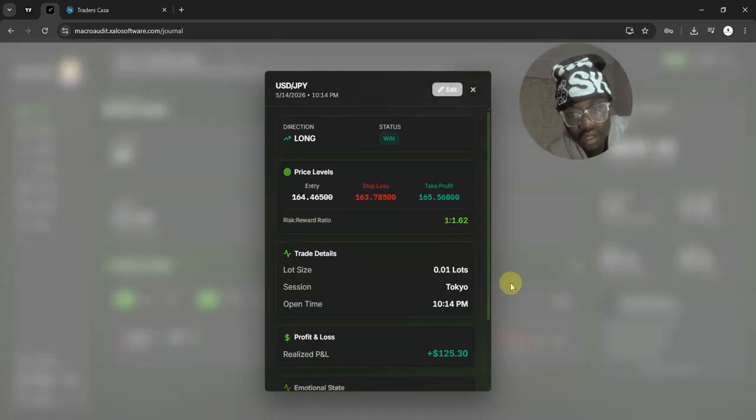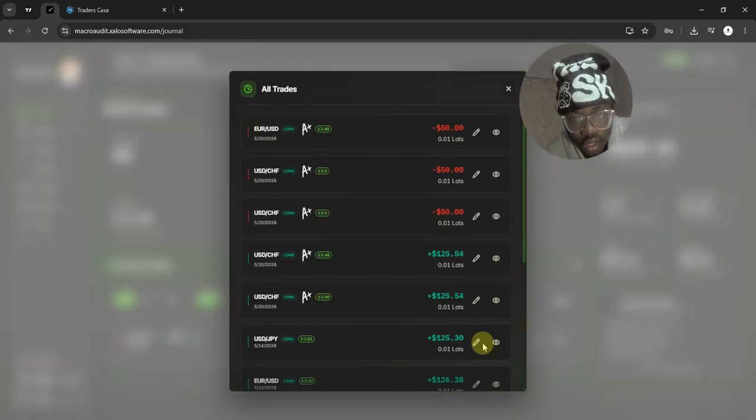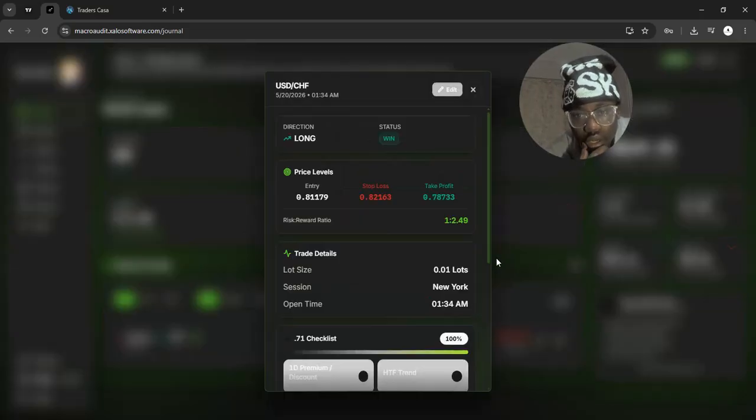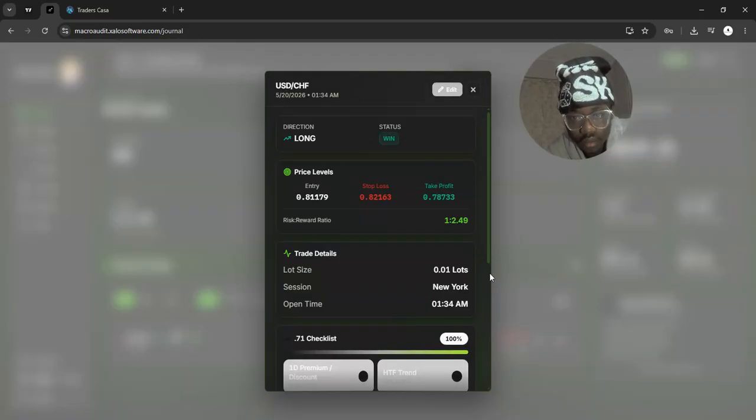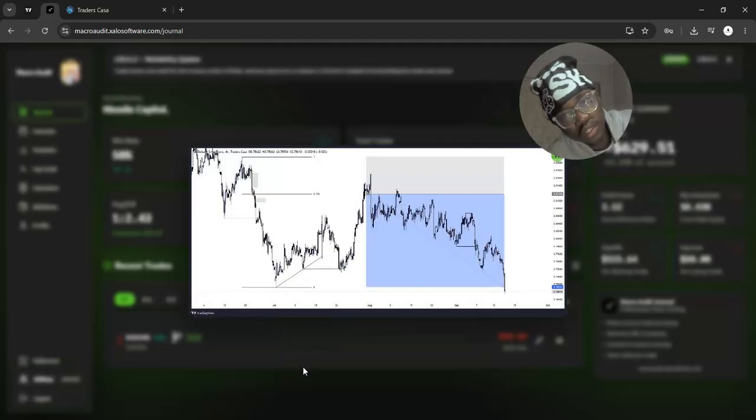So it's not this one. Let me try to look for it. No. Anyways, then we had this trade right here. Everything tagged, which just hit take profit there. So I can see, beautiful trade overall. And yeah, that's how we move, man.